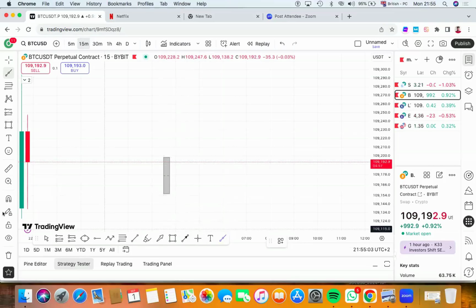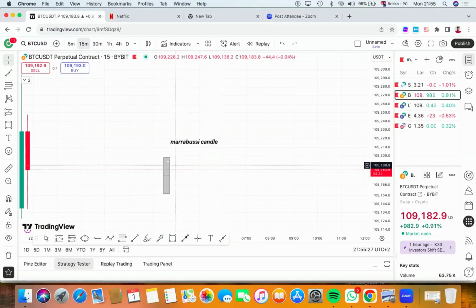So let's write it out. I pick my text tool, Marabozu candle. There are 3 types of them. The most bullish out of the Marabozu candles is the one without the wick.